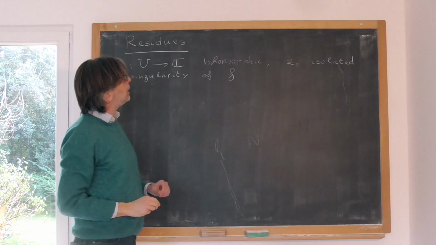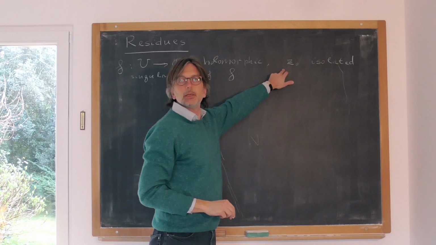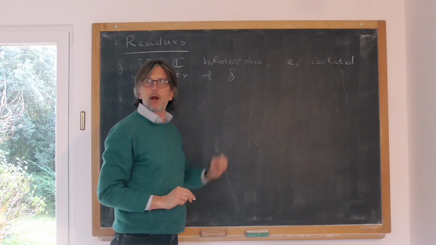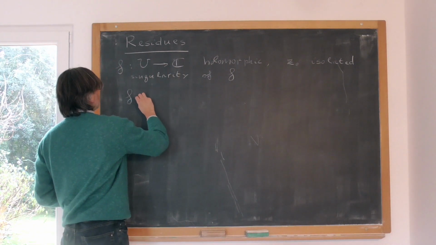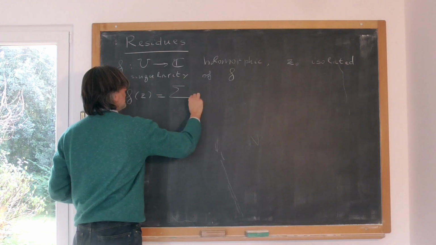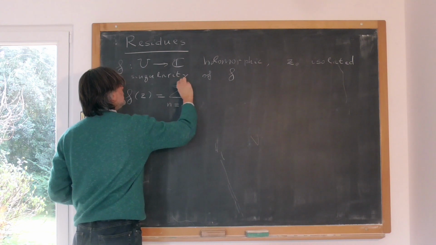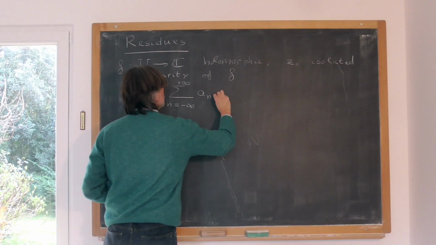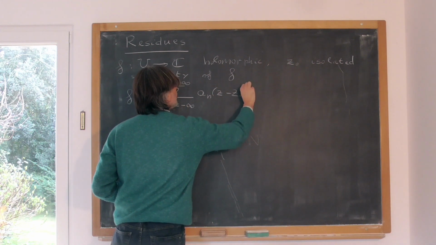And as we know, we can then write the Laurent series expansion for f around the singularity z0. This will give us a Laurent series of the form: f of z is the sum, n goes from minus infinity to plus infinity, of some coefficients a_n times (z minus z0) to the power n.